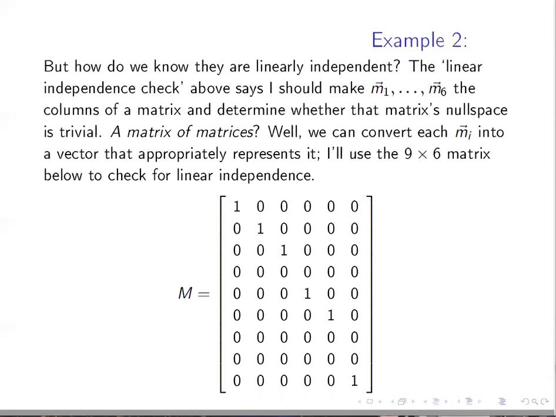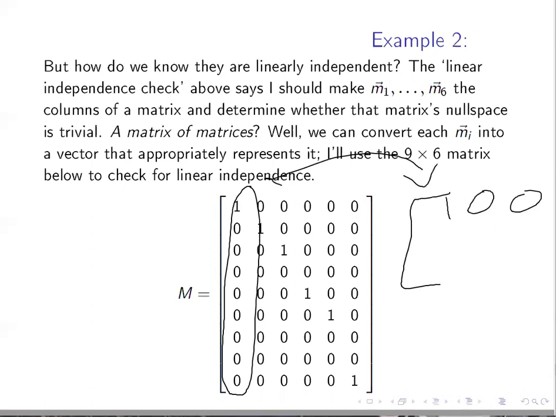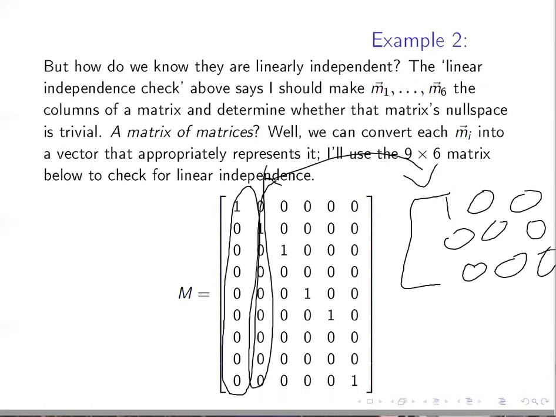Here's what it is. This vector actually corresponds with the matrix 1, 0, 0, 0, 0, 0, 0, 0, 0. This one corresponds with the same thing, just change it to be 0, 1, 0 in the first row, and then zeros everywhere else, and so forth and so on.